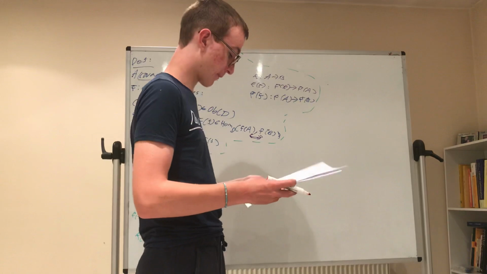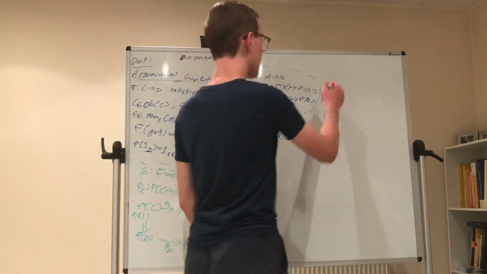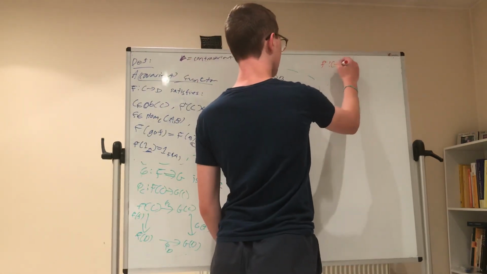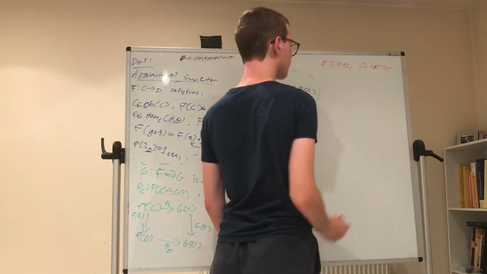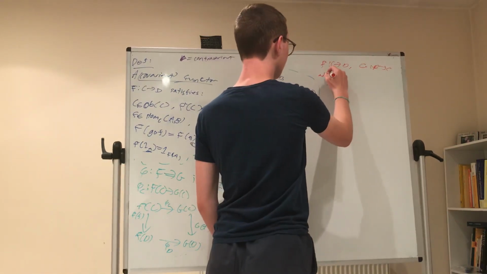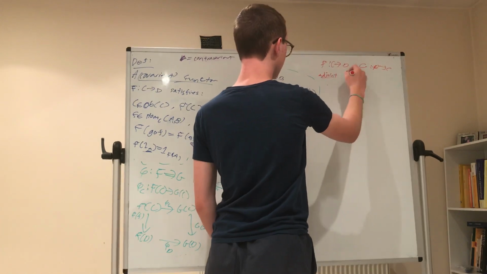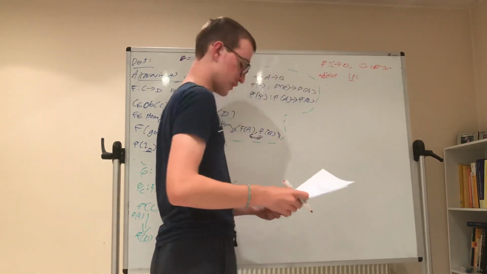It's crazy. So if we have F going from C to D, and if we have G going from D to C, they're adjoint if we have the following.